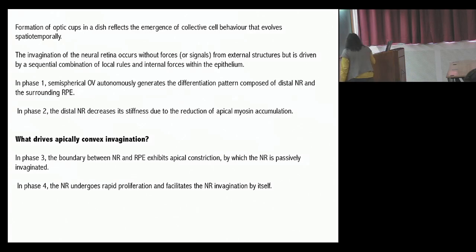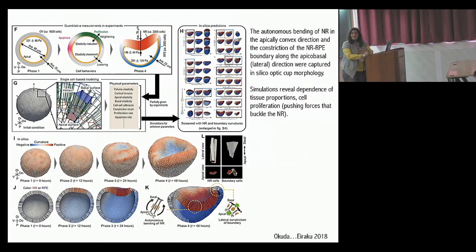And what I just want to end with showing you is something that you will probably hear a lot of in the coming talks, which is that using a combination of experiments and simulations, including the use of 3D vertex models, and putting in parameters derived from experimental measurements, what they showed was that this bending of the neural retina so that it's now apically convex.